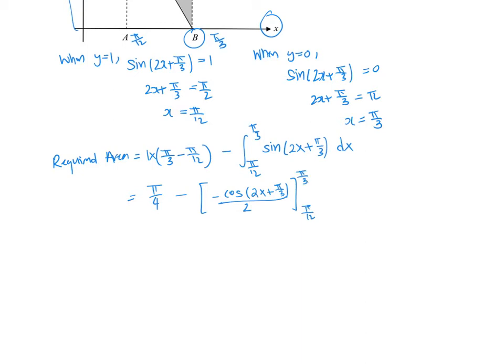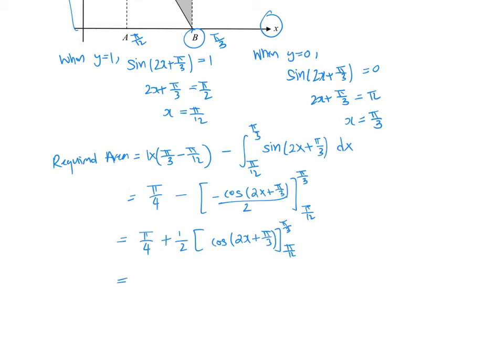To simplify our working, I'm going to factorize out the negative half first. So this is what I'm left with inside: cosine(2x plus pi over 3), with the limits remaining the same. Alright, let me finish the bracket.